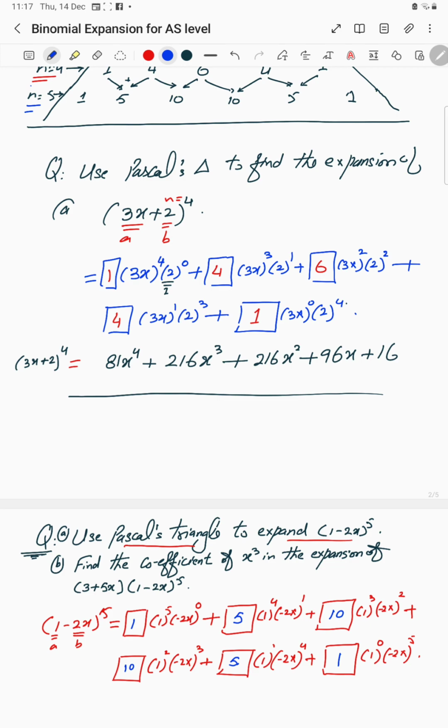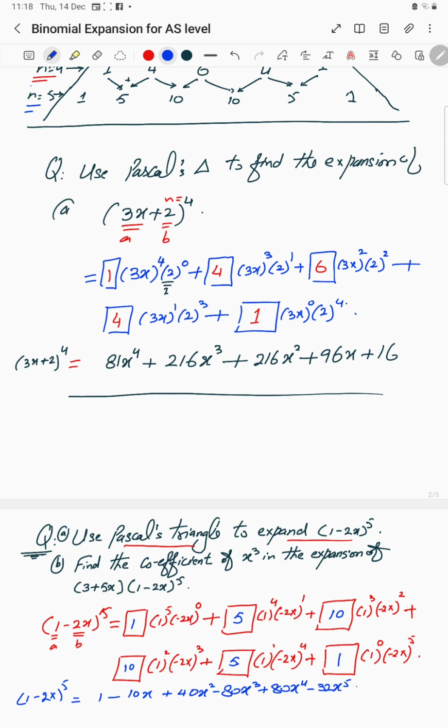So with the help of a calculator, now the rest of the expansion you can find: 1 minus 10x plus 40x square minus 80x3 plus 80x4 minus 32x power 5. This will be the final result for the expansion of this by using Pascal triangle, right?